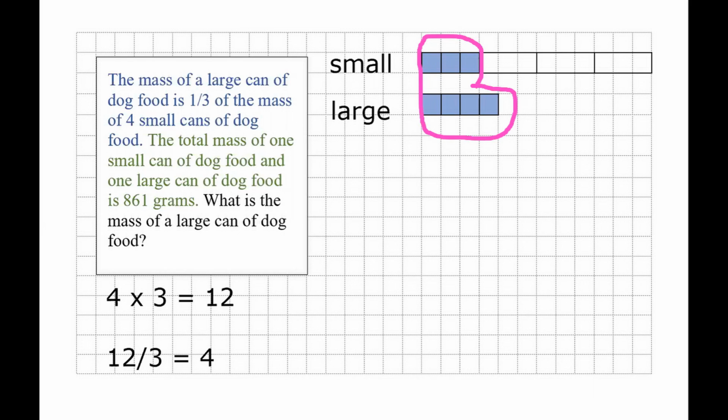So each square must have a mass of 861 divided by 7. 861 divided by 7 is 123. So we figured out that each square is 123 grams. And let's put the unit here, doesn't hurt.